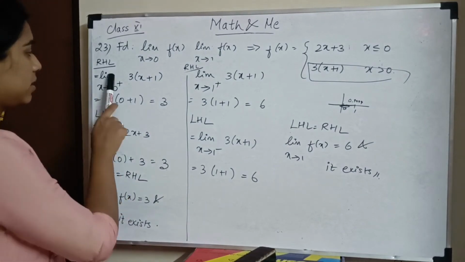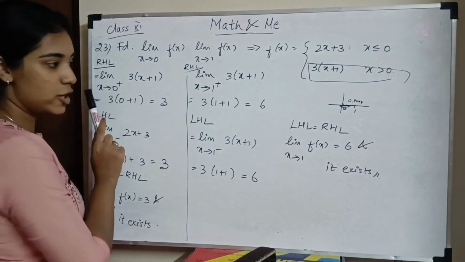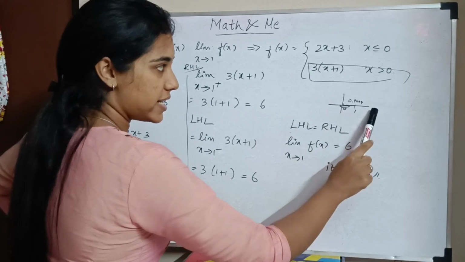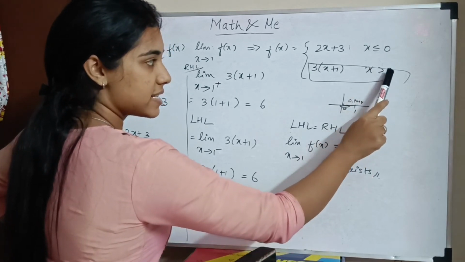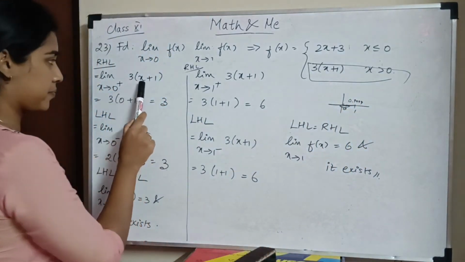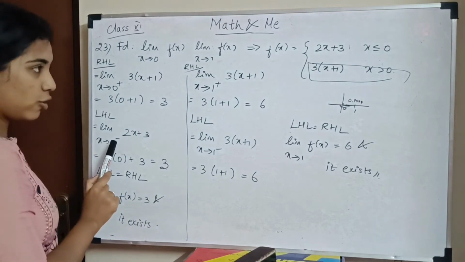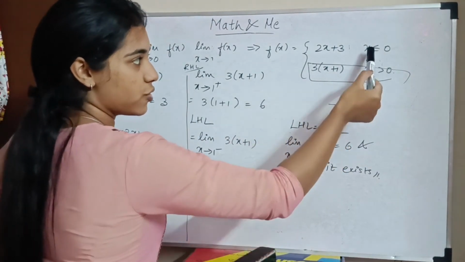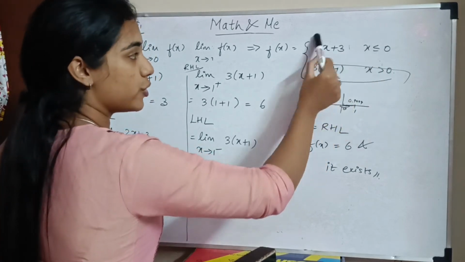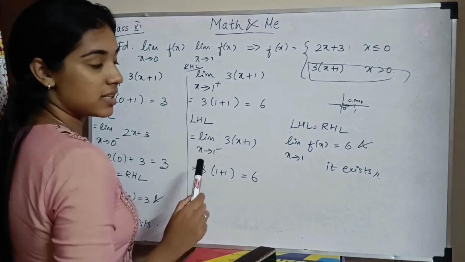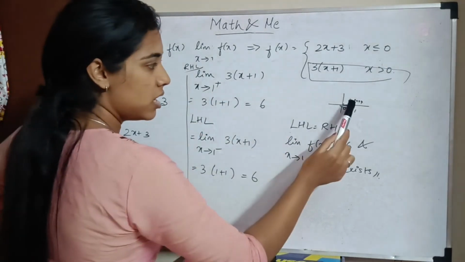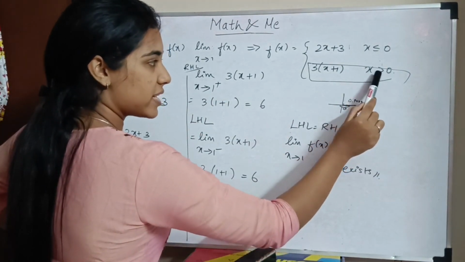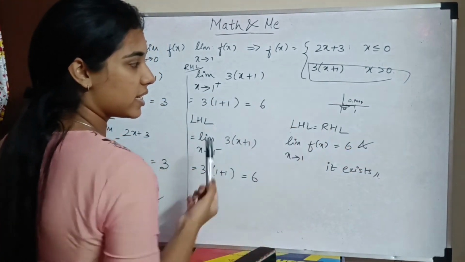So when you take limit x tends to 0 plus, 0 plus na 0 ku right side, 0 ku right side na x greater than 0, so you take this. Limit x tends to 0 minus na you have 0 minus, so to the left of 0, so x வந்து less than or equal to 0, you take this term. But in the case la enna agudhu, limit x tends to 1 plus na 1 plus, so you have x greater than 0 la da 1 plus irukku, you take this term.